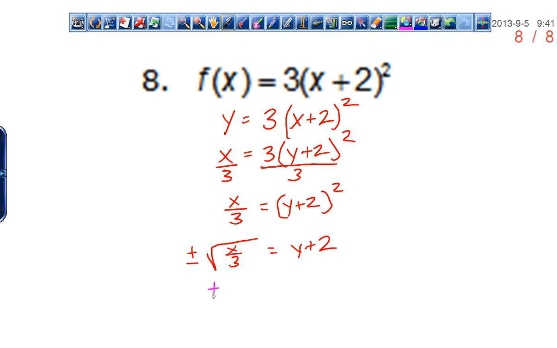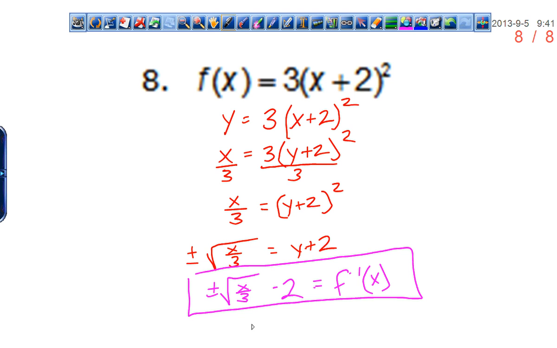So I have plus or minus the square root of x over 3, and then I have minus 2 not underneath the square root, which is my inverse notation. If you want to write it the other way, you know, f to the negative 1 of x equals plus or minus blah, you can do that too. Either way is correct.